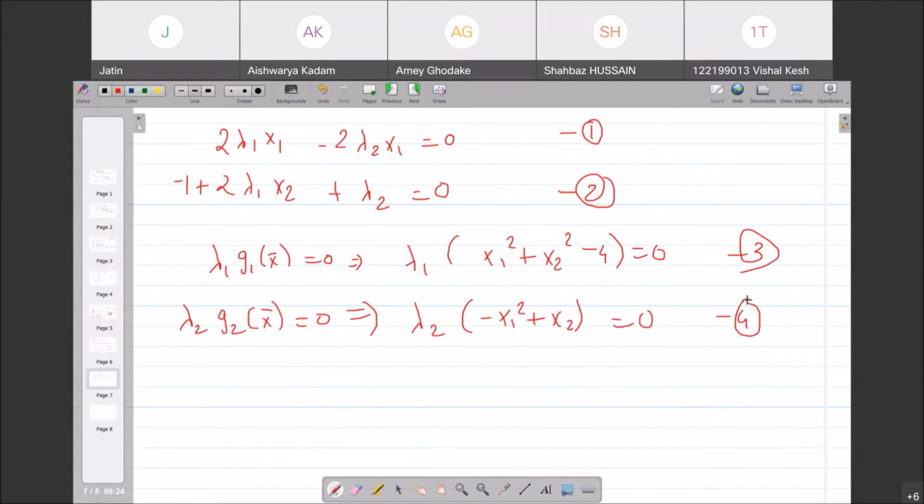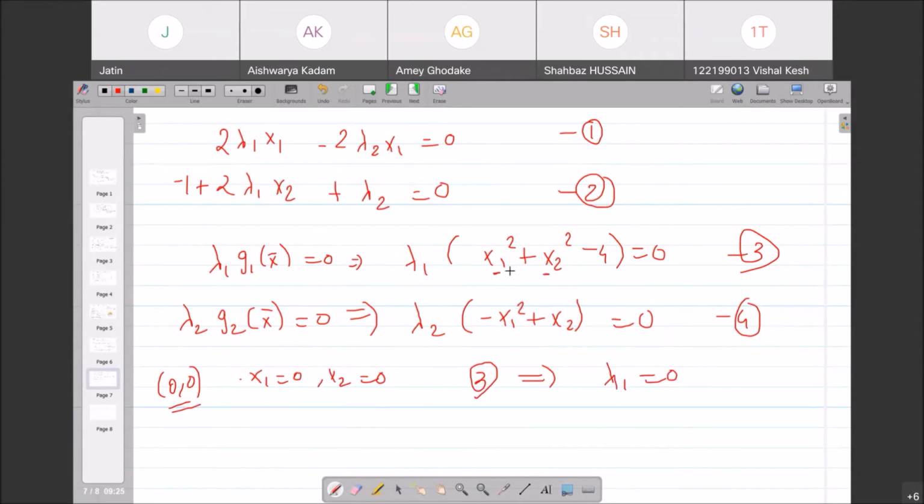I want to show that 0, 0 satisfies all the 4 equations. Now if x1 and x2 are 0, 0, then what does 3 imply? Your lambda 1 is 0, because x1 is 0 and x2 is 0.